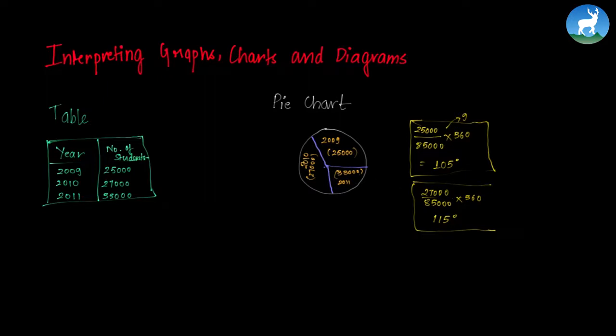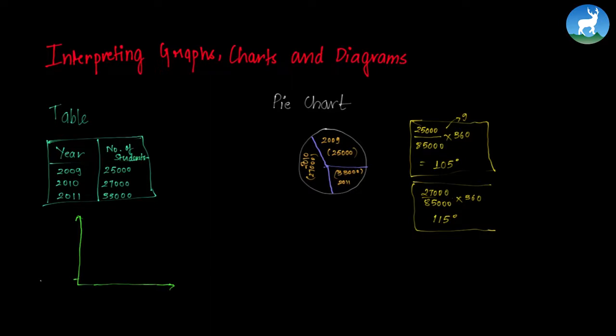Now we assume the same data and move towards drawing a bar graph or a bar chart. Here we have x and y axis. The y-axis shows the number of students each year, and let me write it down for you.